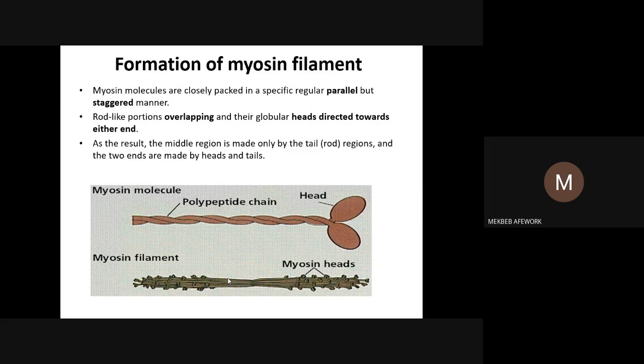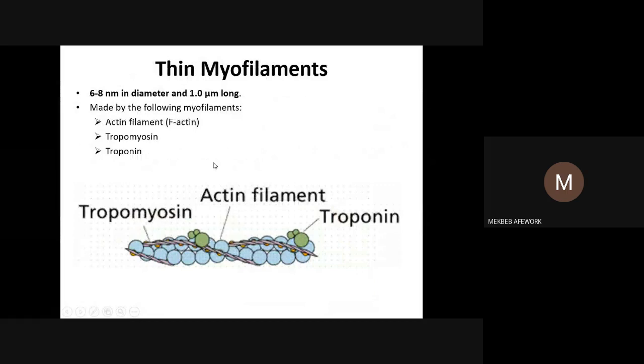I'm going to mention also a few more additional, but let's finish the 4 types. I have already gone through the thick one, then the thin. The thin ones are mainly made by actin, but we also have tropomyosin and troponin. The thin filament is mainly made by actin, and troponin and tropomyosin look like this.